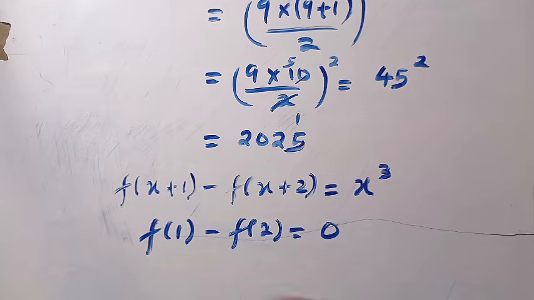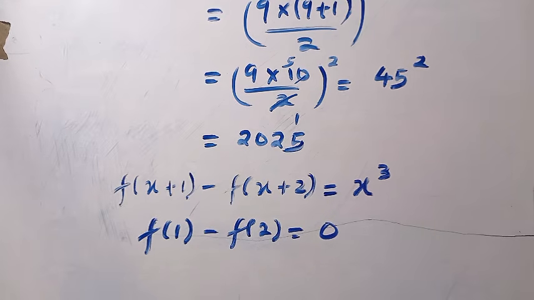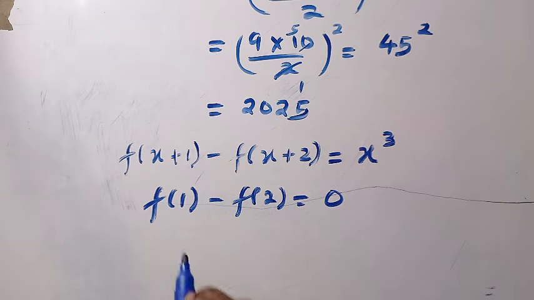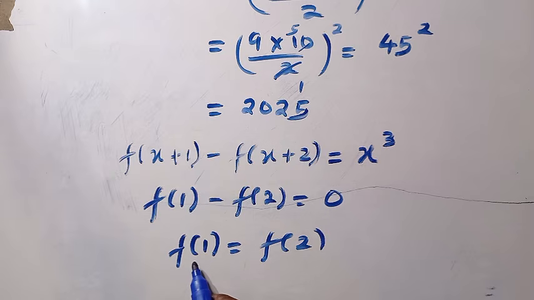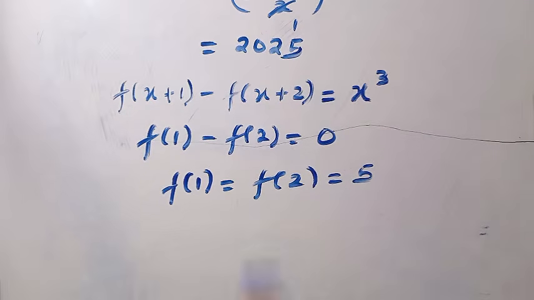This shows that f(1) is the same thing as f(2). So f(1) equals f(2). But f(1) is 5, therefore f(2) also is 5. Clear?